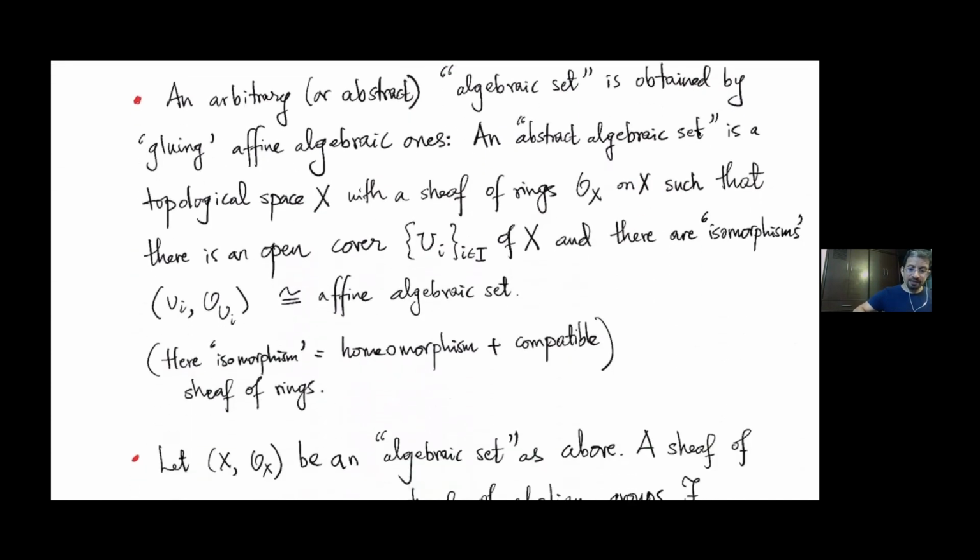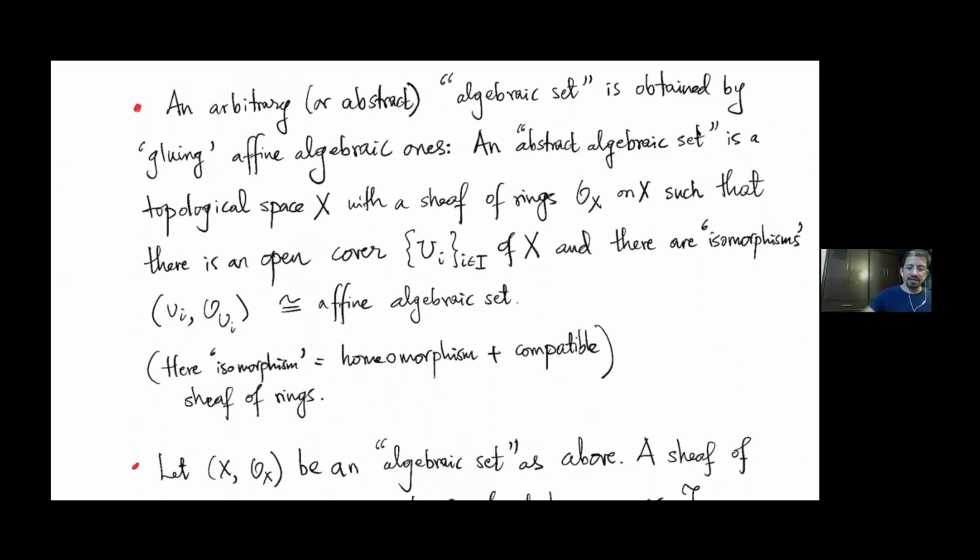And finally, a few more things. An arbitrary algebraic set is obtained by gluing affine algebraic ones. So an arbitrary or abstract algebraic set is no longer sitting in affine space or projective space. It's not quasi-projective or anything.